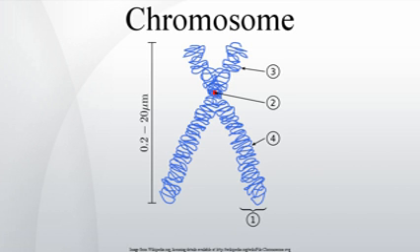The shorter arms are called p-arms, from the French petit, small, and the longer arms are called q-arms. Q follows p in the Latin alphabet. Alternatively, it is sometimes said q is short for queue, meaning tail in French. This is the only natural context in which individual chromosomes are visible with an optical microscope.